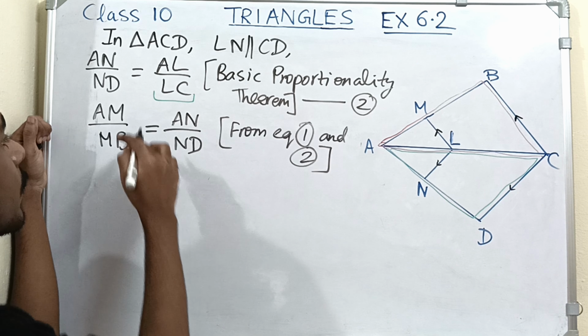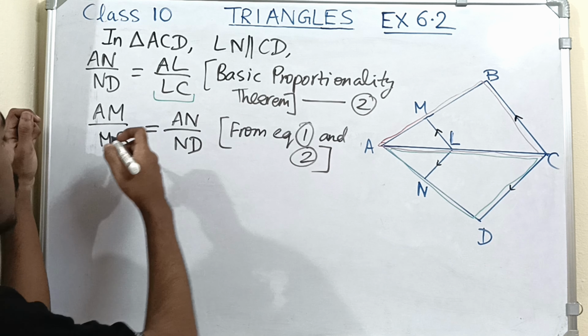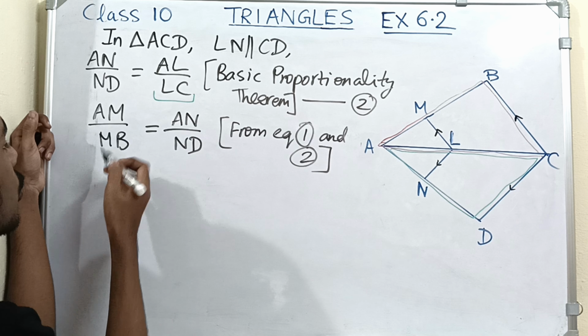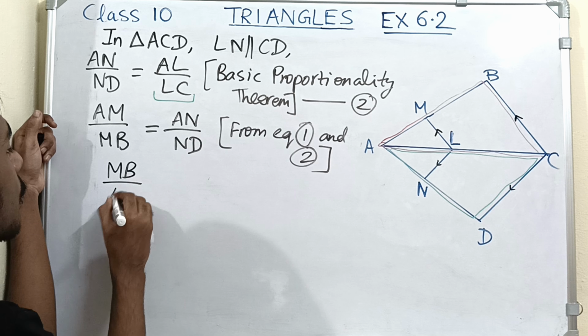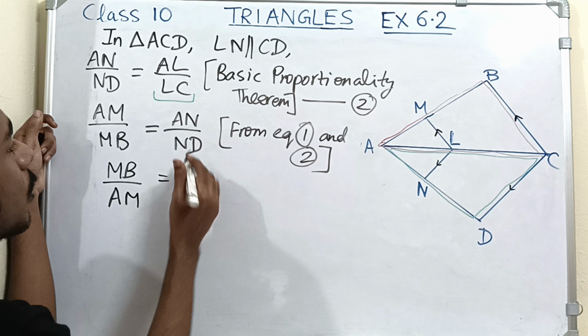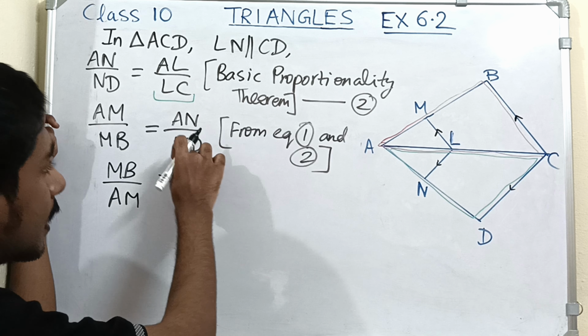Now next step is we will take reciprocal of this. So we will make it upside down. So MB will come in numerator and AM will come in denominator. MB by AM will be equal to, if you make the change here, you have to make the change in right hand side also. It will become ND by AN.